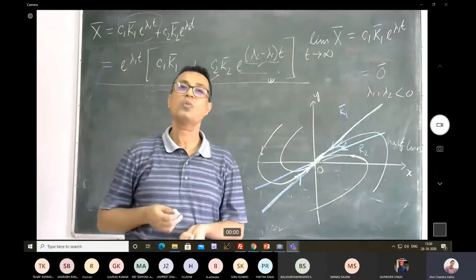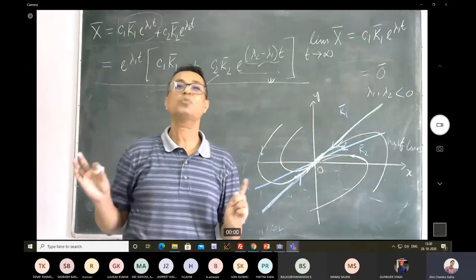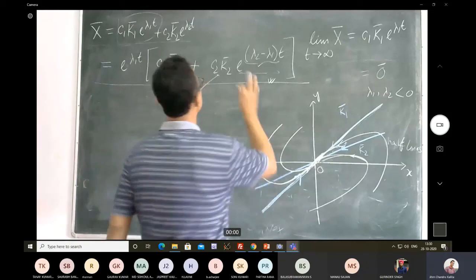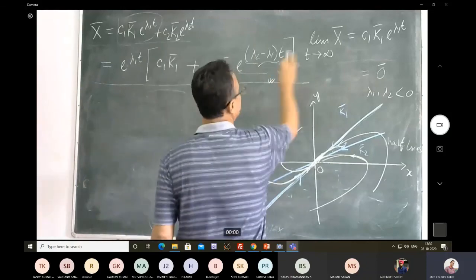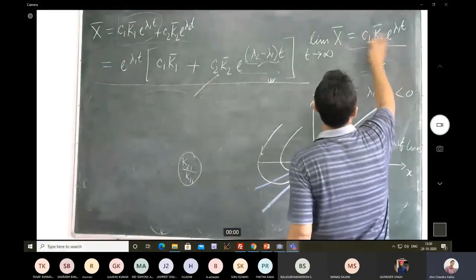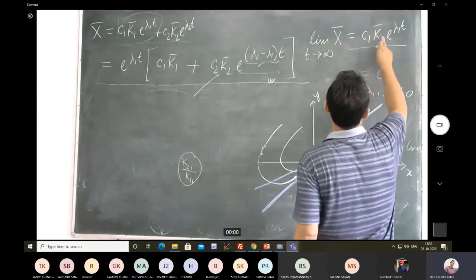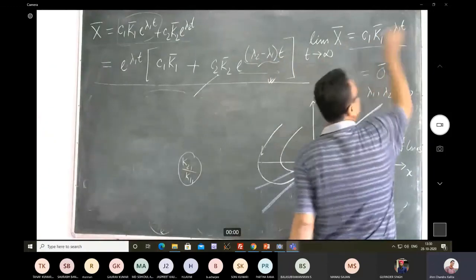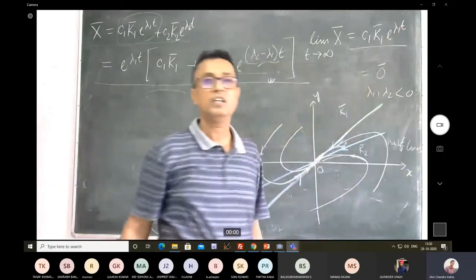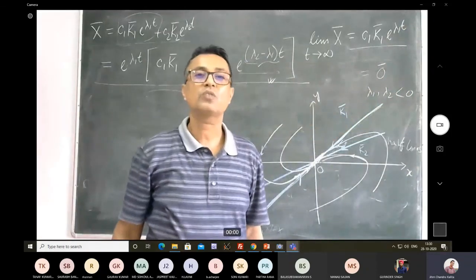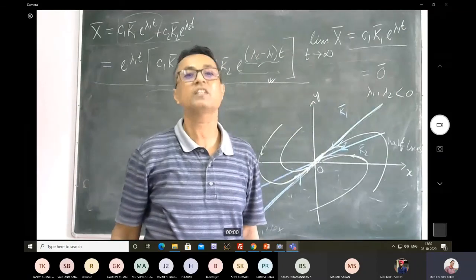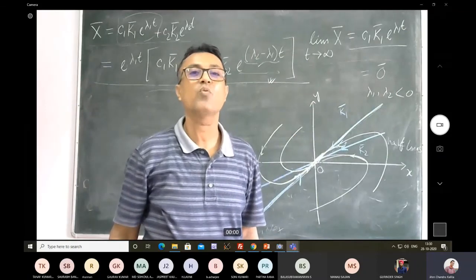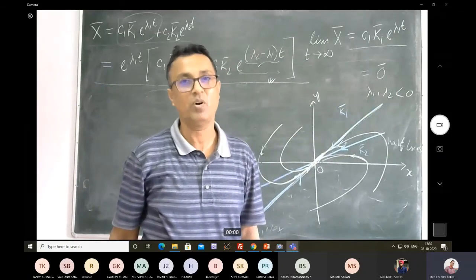Now, this is when both the eigenvalues were negative. So now, when both the eigenvalues are positive, the opposite is going to happen. What is going to happen? Here again, you know that the dominant eigenvector is going to be K1, and because lambda 1 is positive, it is going to move towards infinity, isn't it? It is going to move away from the critical point.